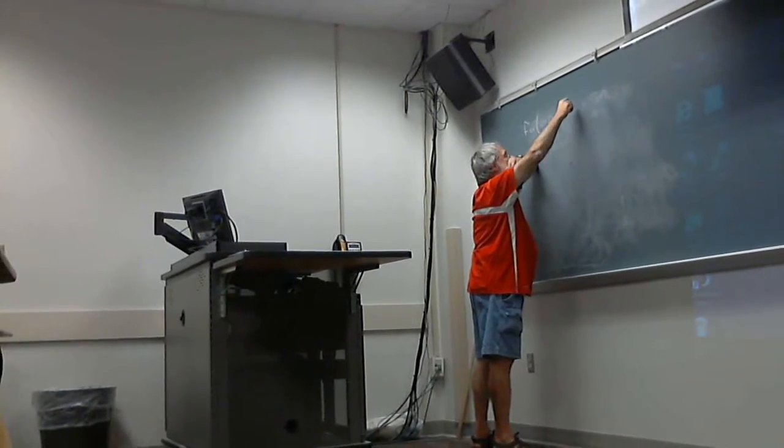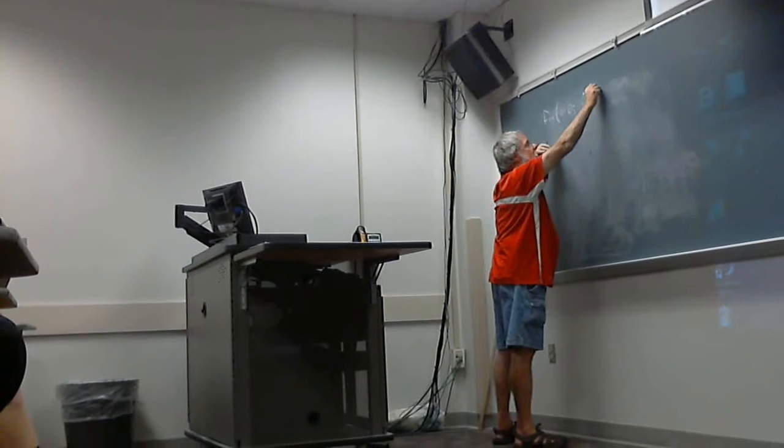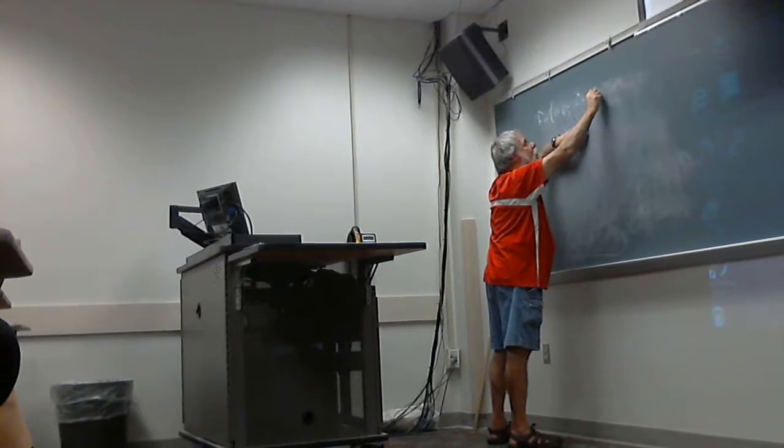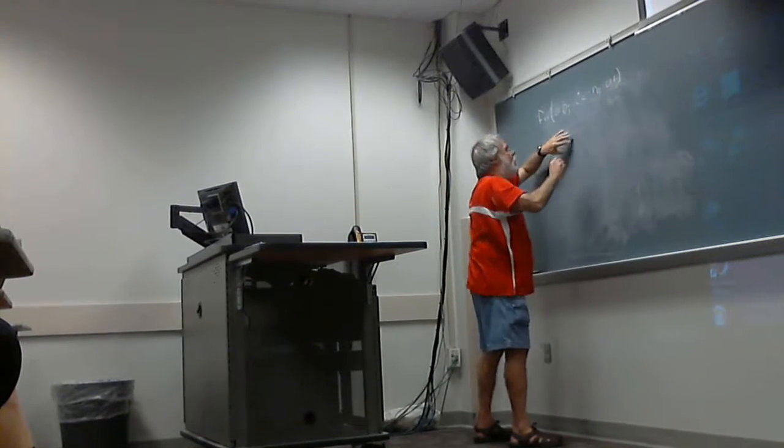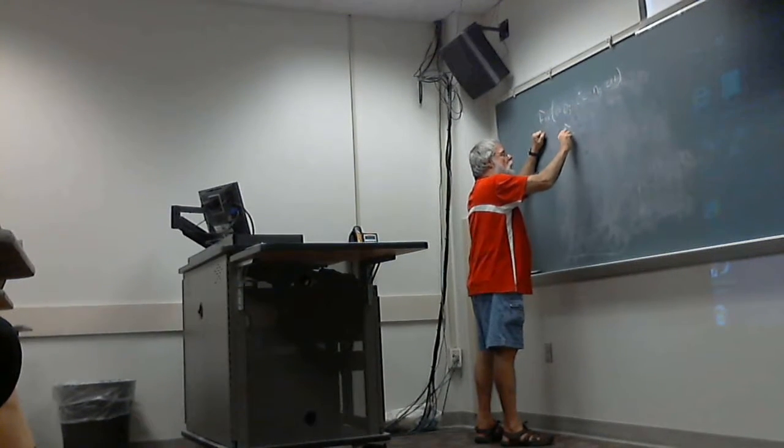I less than or equal to n, I plus plus. That's the outside loop. Here's the inside.